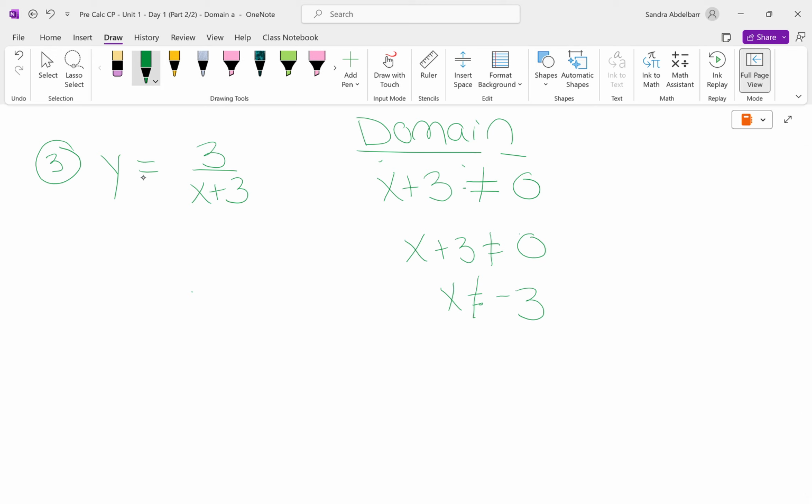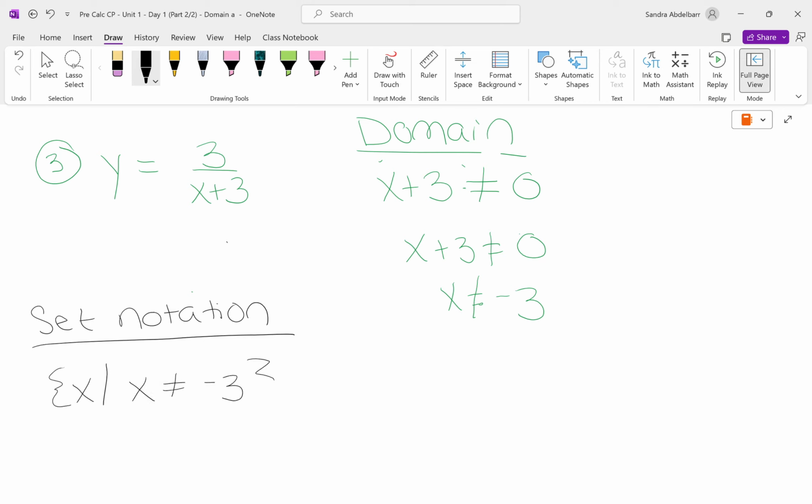So for set notation, we have x such that x cannot equal -3. That's it. That's our set notation.